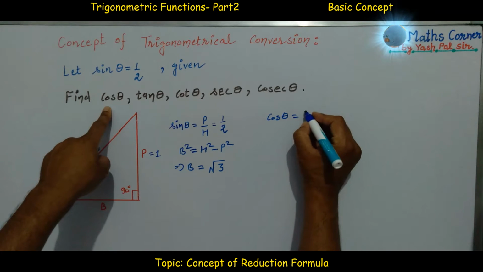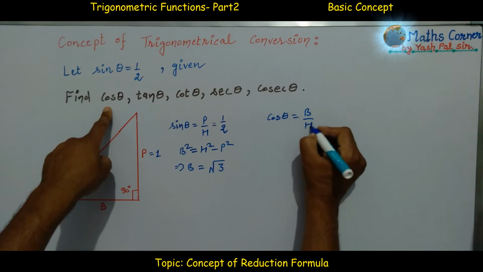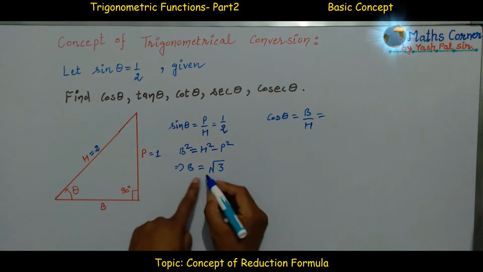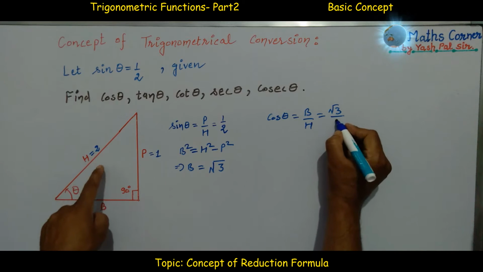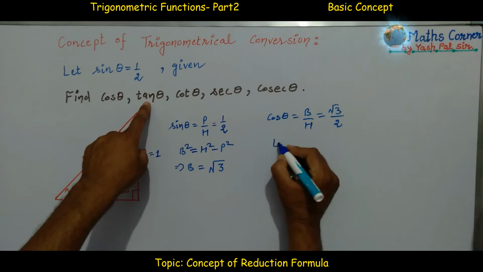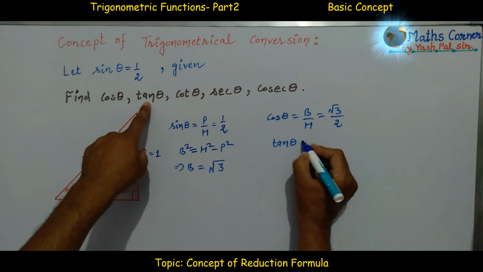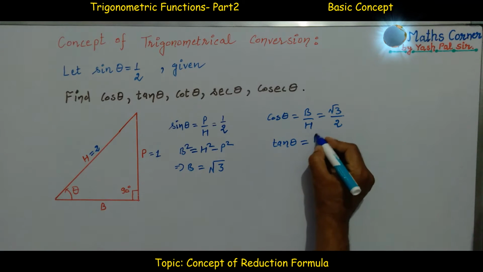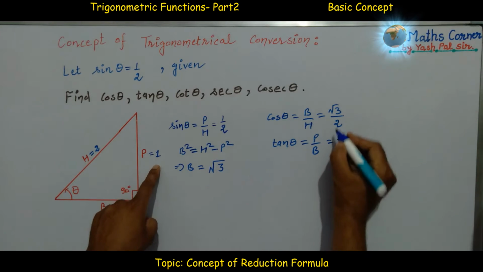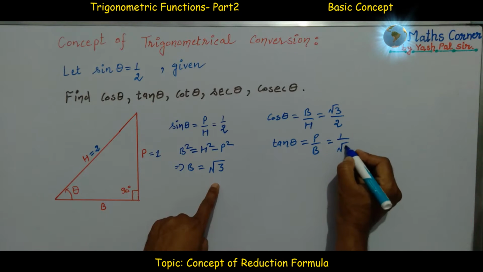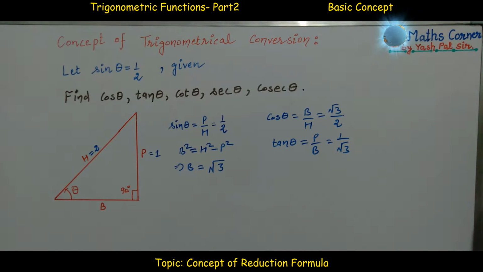Cos theta is B upon H, the value is square root of 3 divided by H, which is 2. Next, tangent theta is equal to P upon B, that is P is 1 and B is square root of 3.